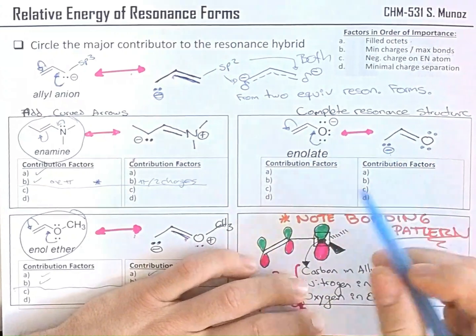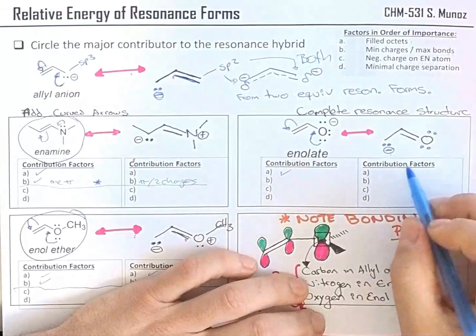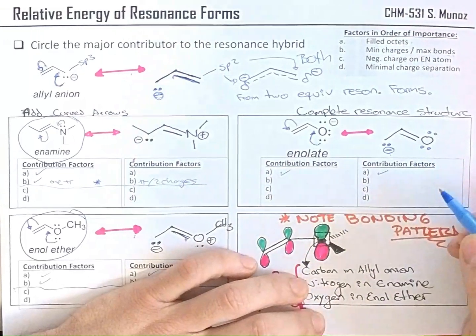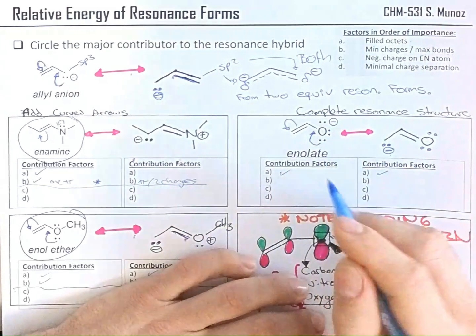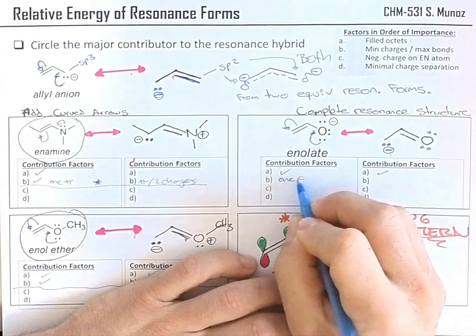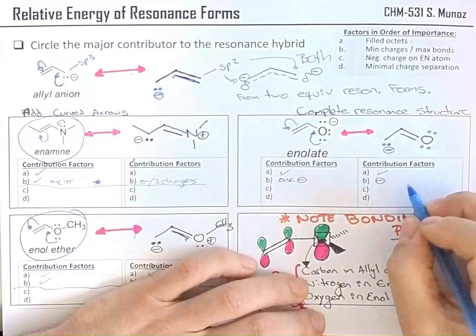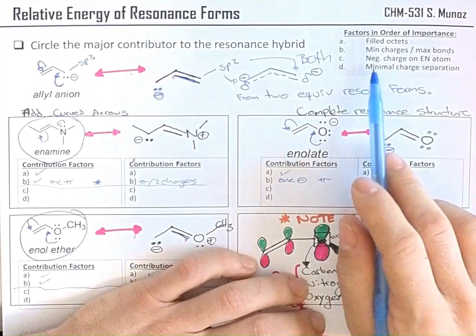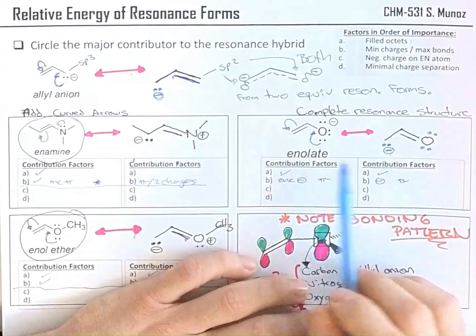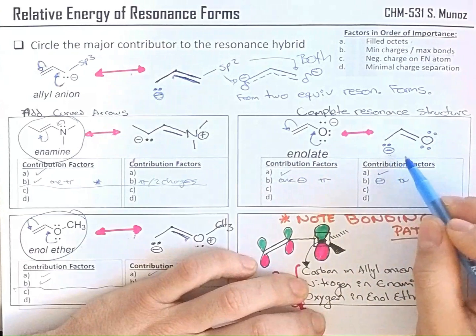And let us analyze. Filled octets for this side, yes. Filled octets for all of these sides is also correct. Minimum charges and maximum number of bonds. So here we have 1 negative charge, 1 negative charge, and 1 pi bond in both. So we have a draw right there. Now, negative charge on an electronegative atom. If you recall, oxygen is more electronegative than carbon.